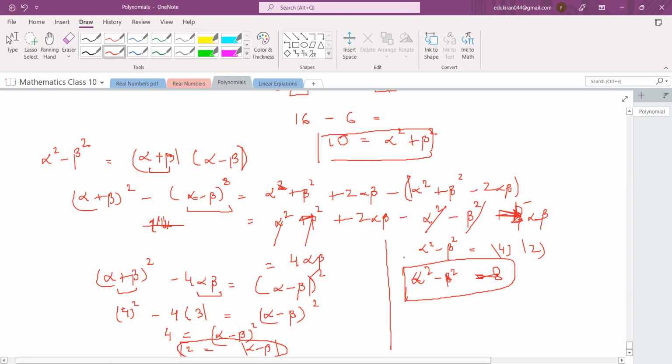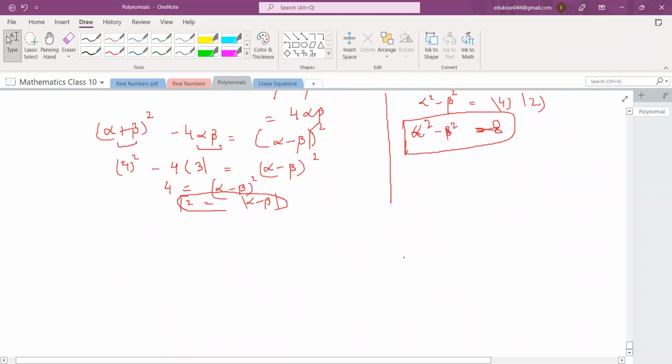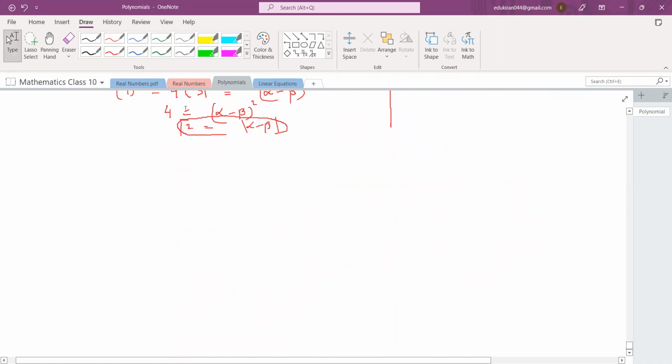Okay, I think one more I'll do, then I'll give you the rest of them as homework. Now the next one is, see, this one is simple. I'll not solve it completely. Let's say alpha to the power 4 beta square plus alpha square beta to the power 4, right? Now here you can see there's something common. What can I take common here?